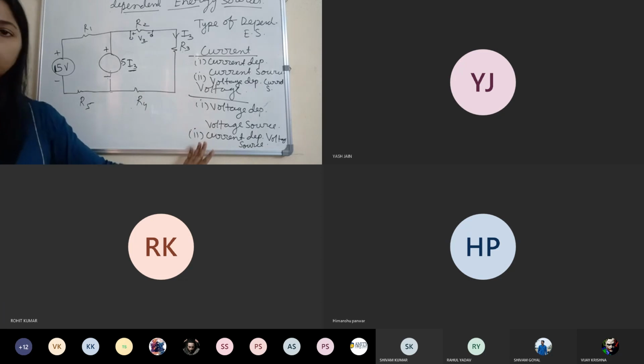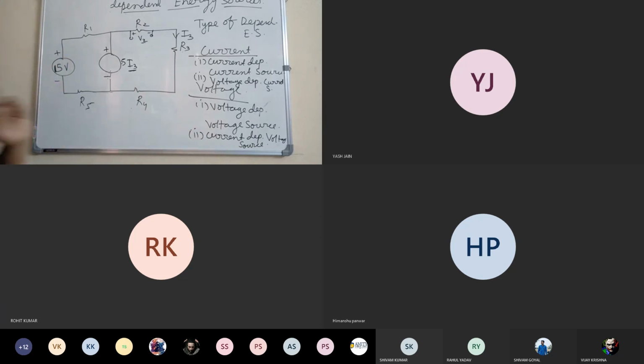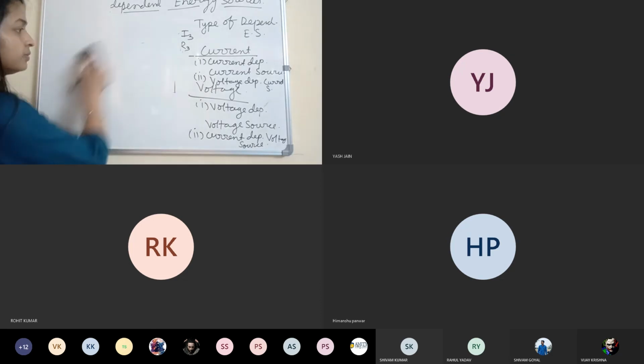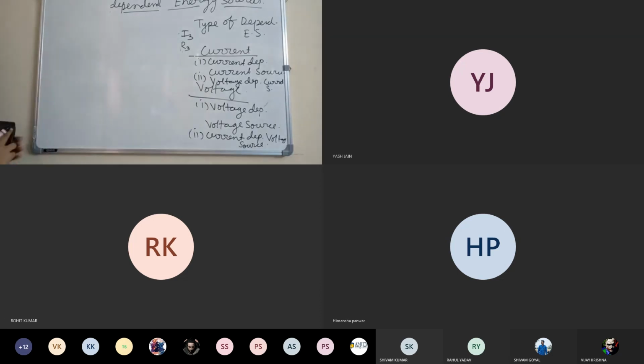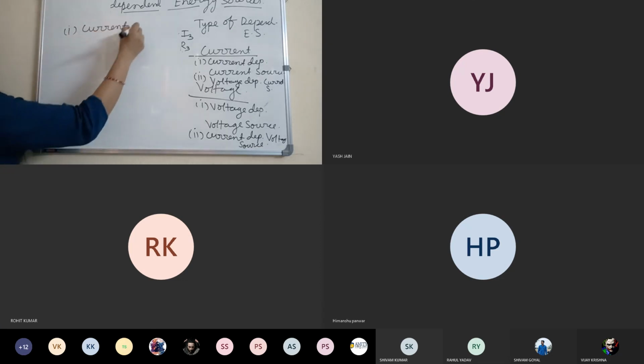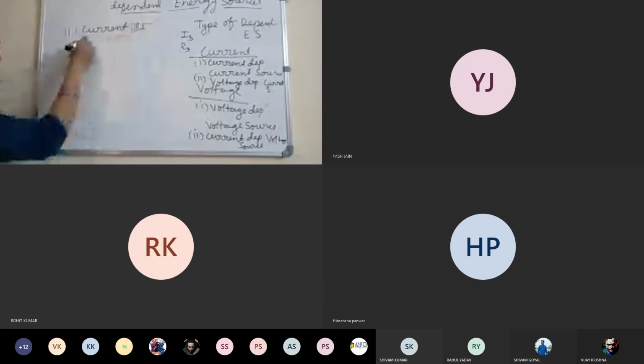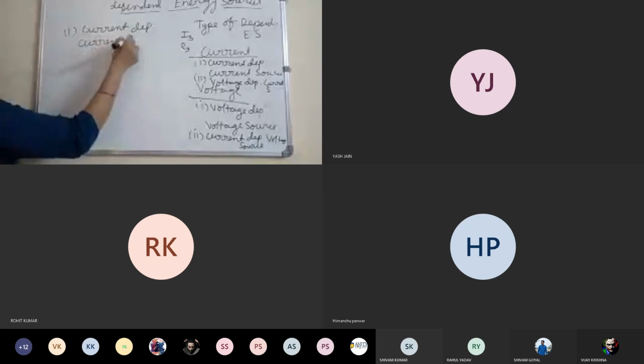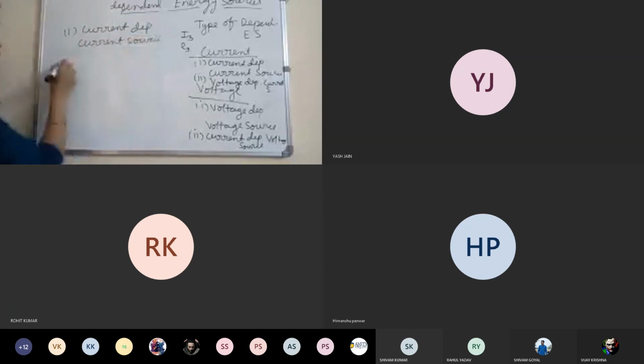If you can't see it properly, I'm giving you the brief. First is current dependent current source.